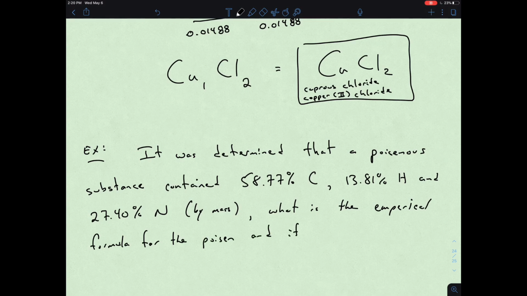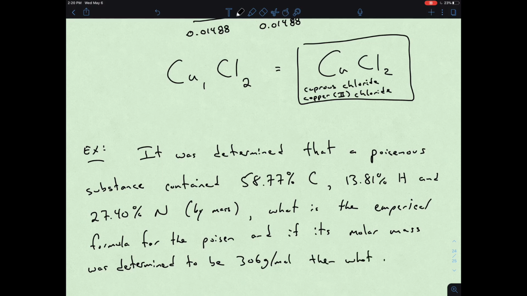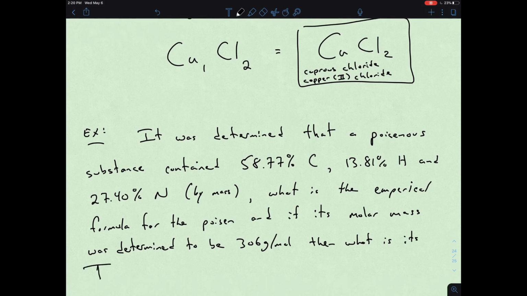And if its molar mass was determined to be 306 grams per mole, then what is its true formula?